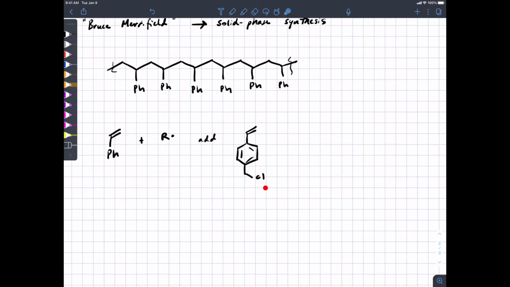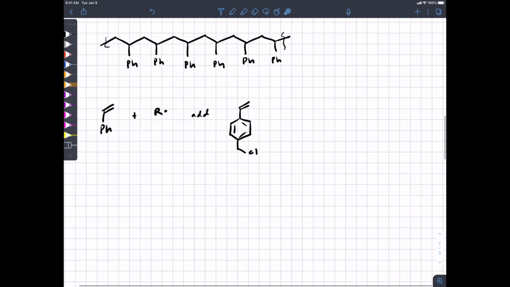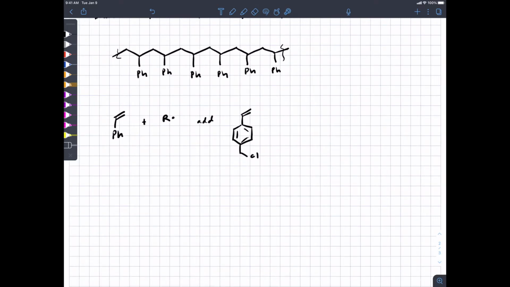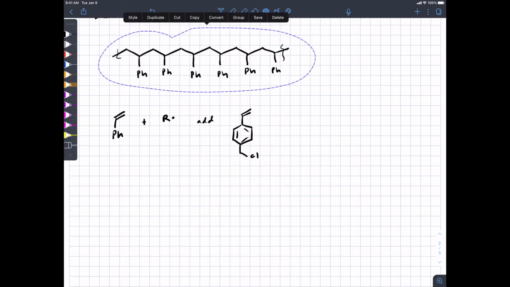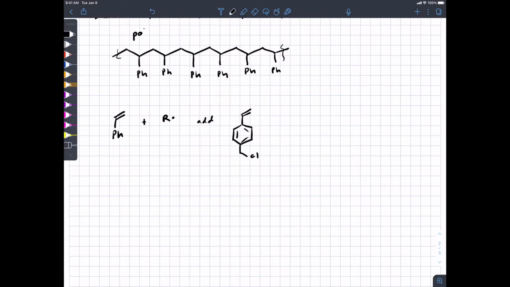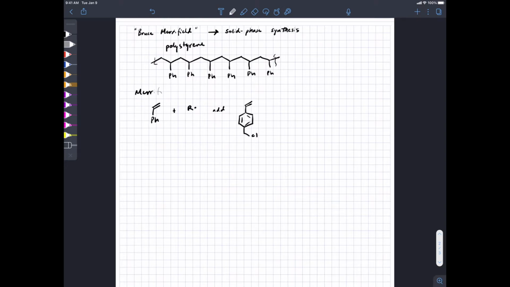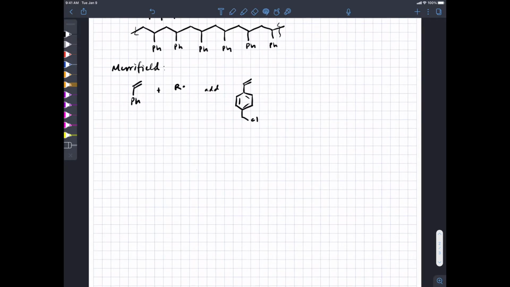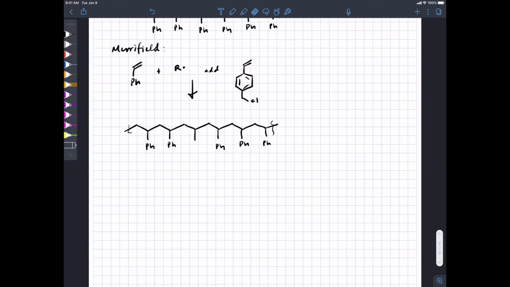That's something you can do chemistry with, all right? So if you do this instead, when you make your polymer, you get the same basic structure, only occasionally, instead of just a phenyl group, you have this benzyl chloride, okay?